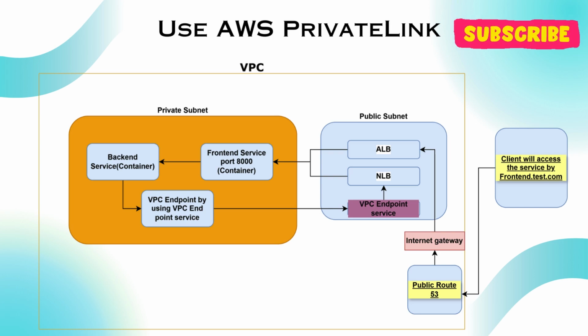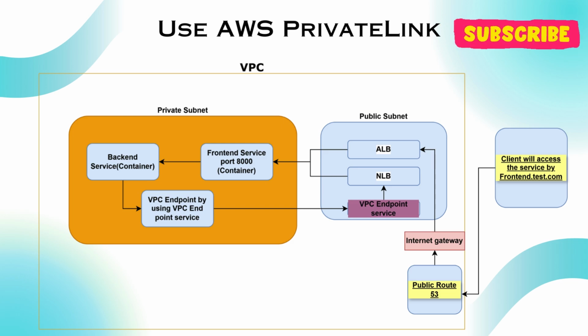And from there, you have to create one VPC endpoint service. The VPC endpoint service requires an NLB, and then you have to give your VPC details, subnets and all those things, and which account is supposed to use it, which VPC has to use it. Those things you have to define in the configuration. Once it is completely done, you will get a VPC endpoint service.